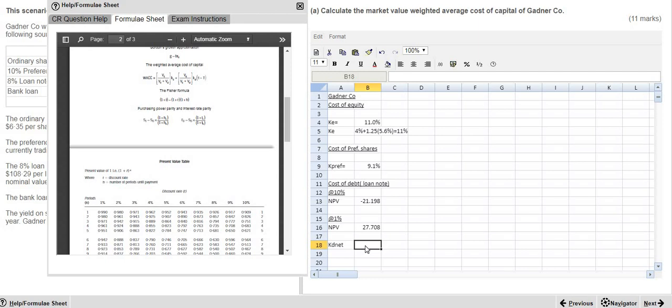Remember, the IRR formula is low rate plus, open bracket, NPV of low rate over NPV of low rate minus NPV of high rate, multiplied by open bracket, high minus low, close bracket, then the total bracket in percentage gives you your IRR. So for cost of debt, I'm going to say equal to, the low rate here is 1%.